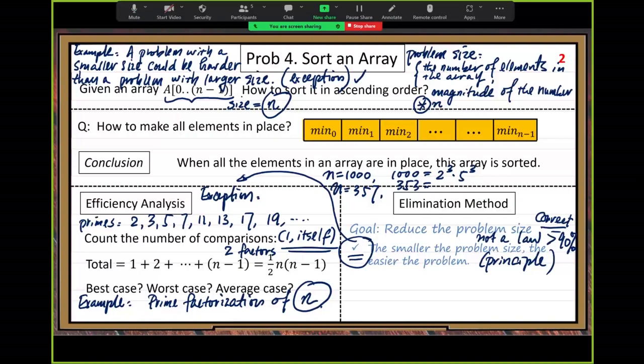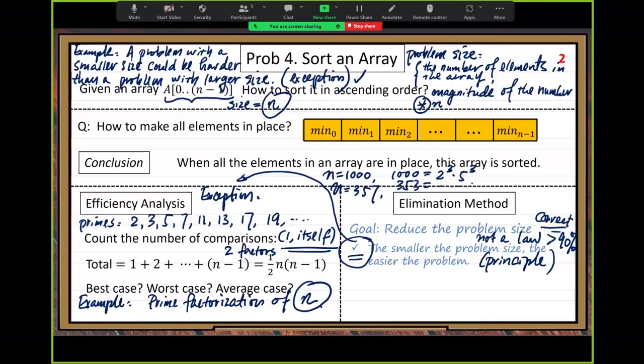Yes, because I need to do quite some work. I need to do several integer divisions to check if there are several prime factors. Much harder than the one with larger problem size.